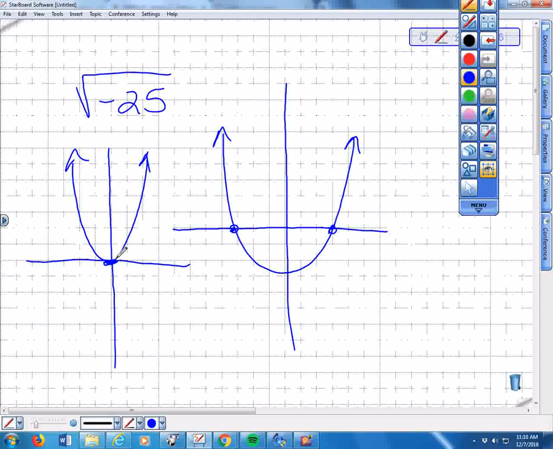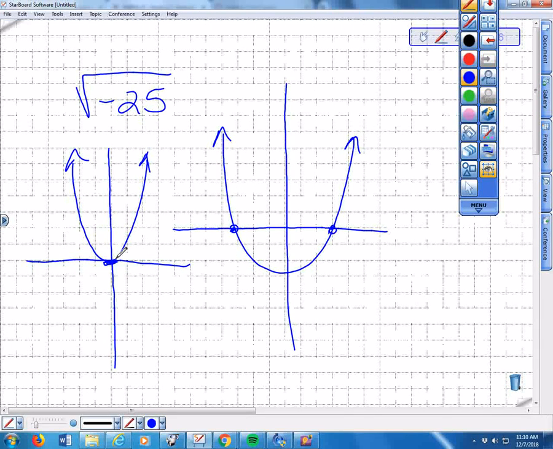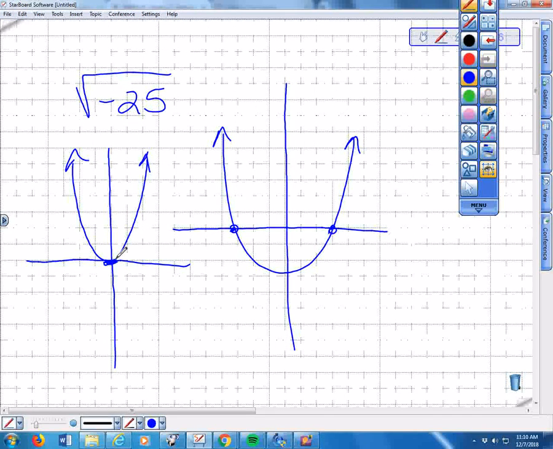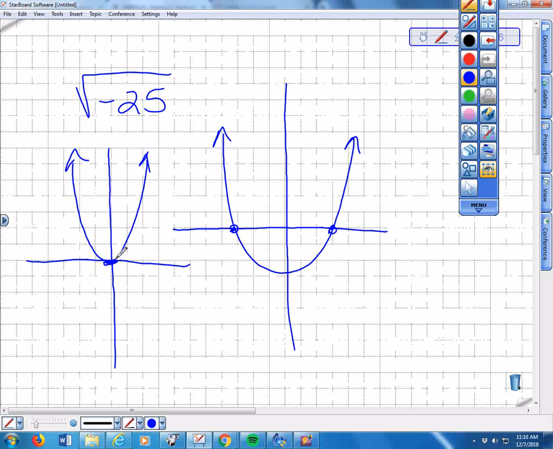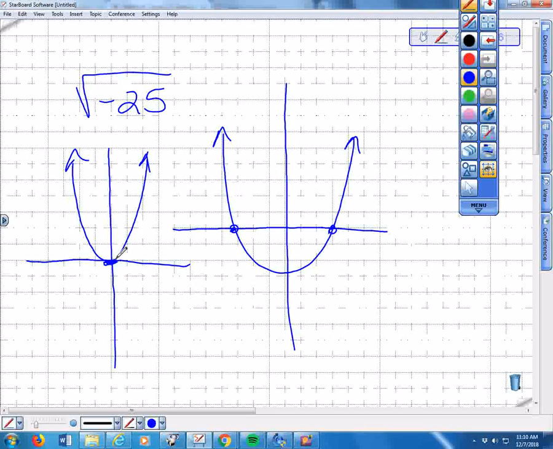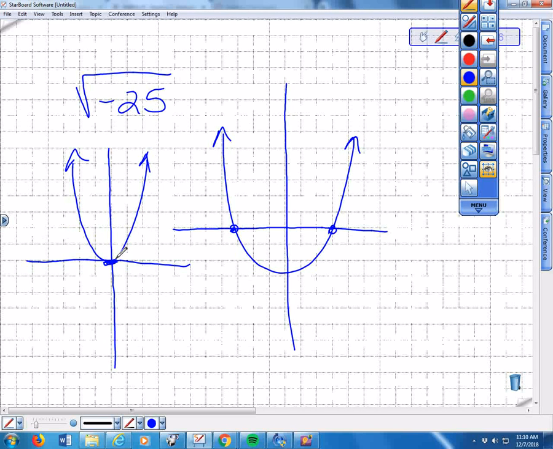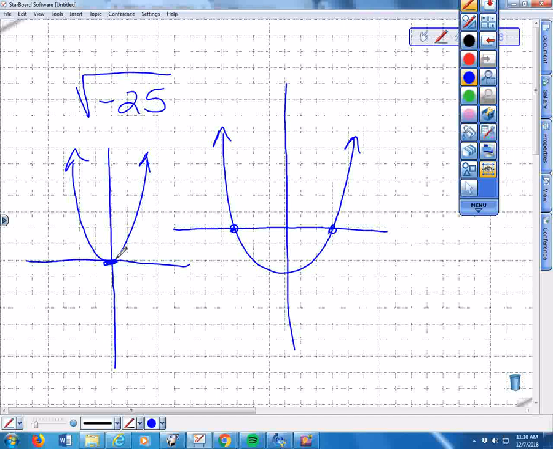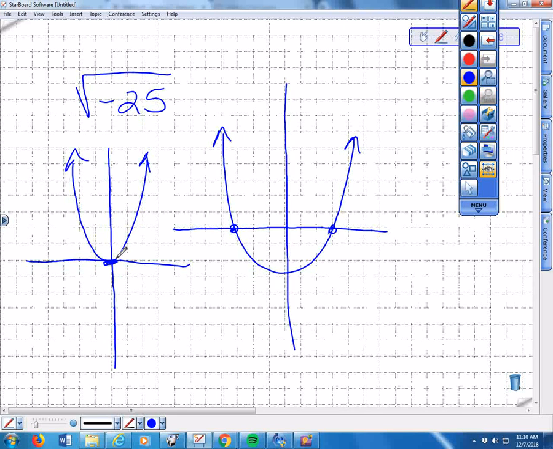It's a double root. When you get a double root, instead of the curve going through the x-axis at that point, it goes to the x-axis at that point and bounces back up. That's what happens with a double root. A double root is where it bounces off the x-axis. A single root is where it goes through the x-axis.